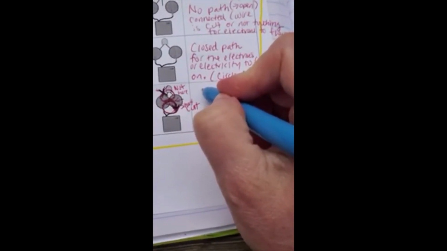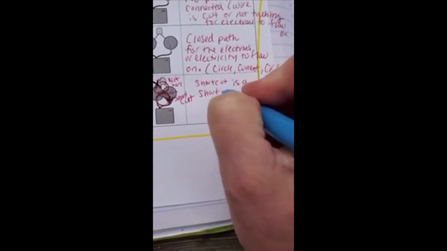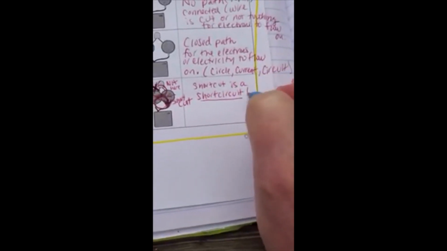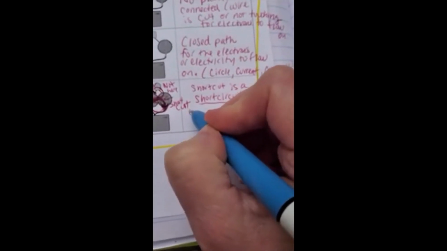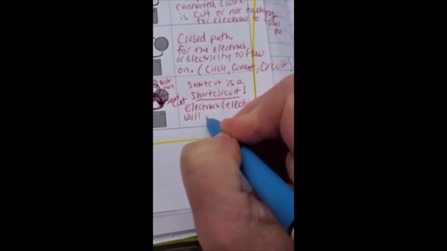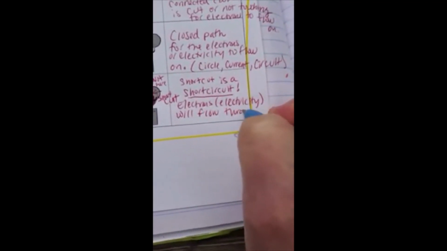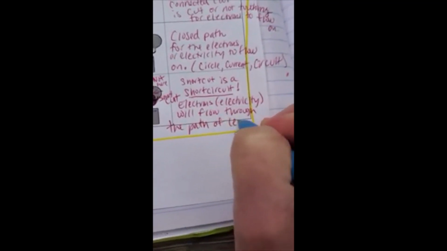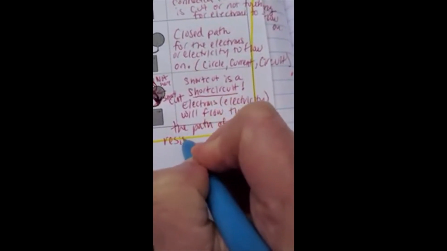All right, so let's go ahead and write that down. Shortcut is a short circuit. Electrons or electricity will flow through the path of least resistance.